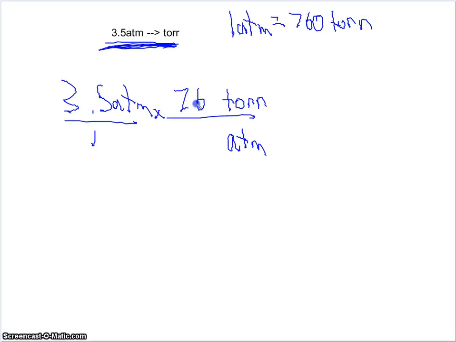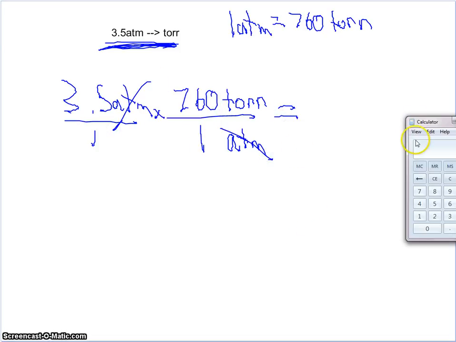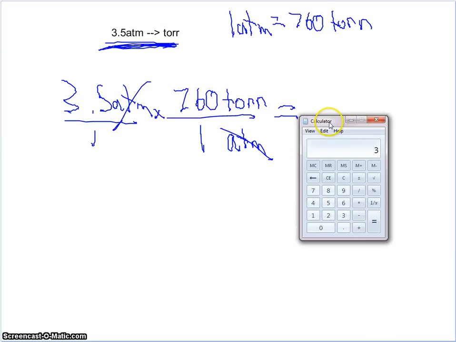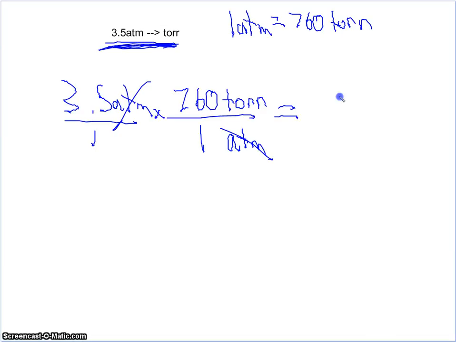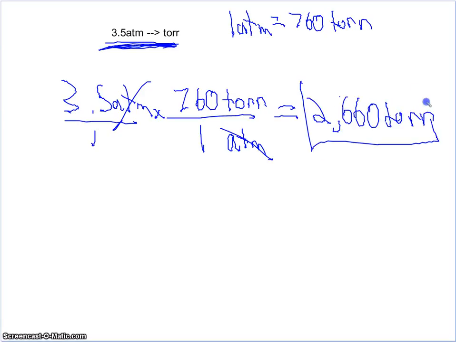So that means 760 torr is equal to 1 ATM. ATM cancels. You multiply these, and you get 2,660 torr. If you went the other direction, you'd have to have torr on the bottom, so this whole thing would have to be flipped over. But we didn't go that way.